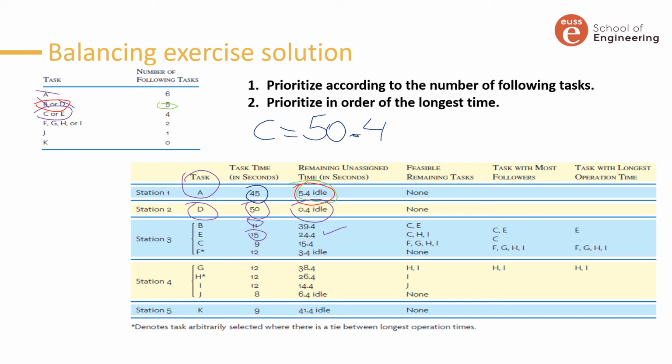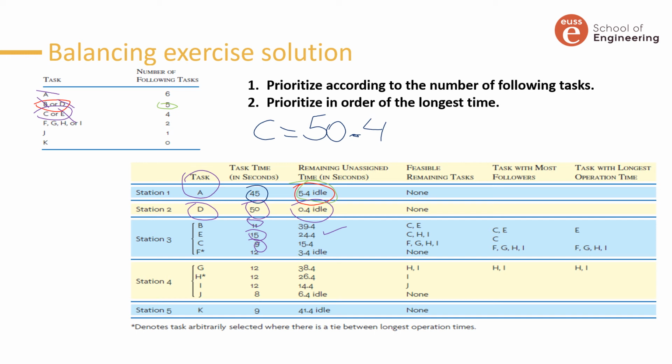The next one is C. Of course, we can assign it. We can assign it because it has 9 seconds and is less than 24.4. So if I assign it, it remains for us 15.4.